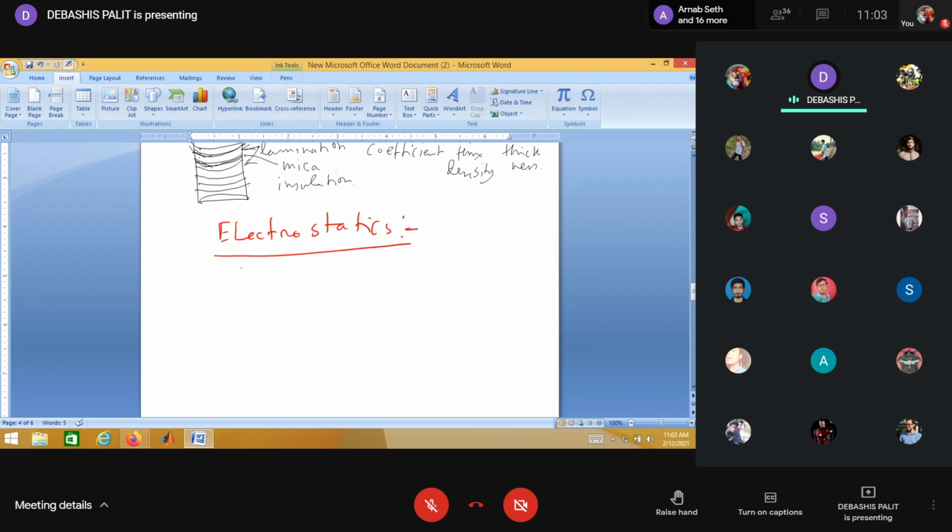Then a leader stroke comes from the charged cloud and a streamer stroke comes from the lightning arrester. They meet at a point, the sparking occurs, and a high amount of electric charge passes from the cloud to the lightning arrester. The arrester is connected to the building's earthing, so a high amount of current passes through the earthing and it saves the building.